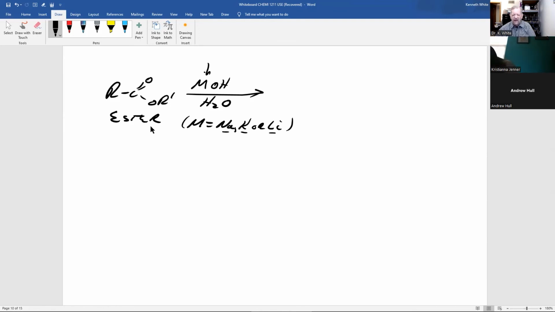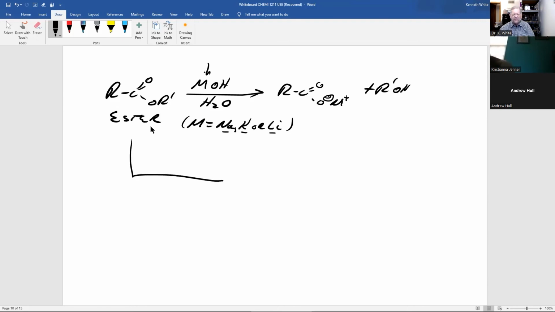And what you get is not the carboxylic acid you would use to make that ester. You get the carboxylate anion of the carboxylic acid to make that ester plus the alcohol. Now, the question is, how come?